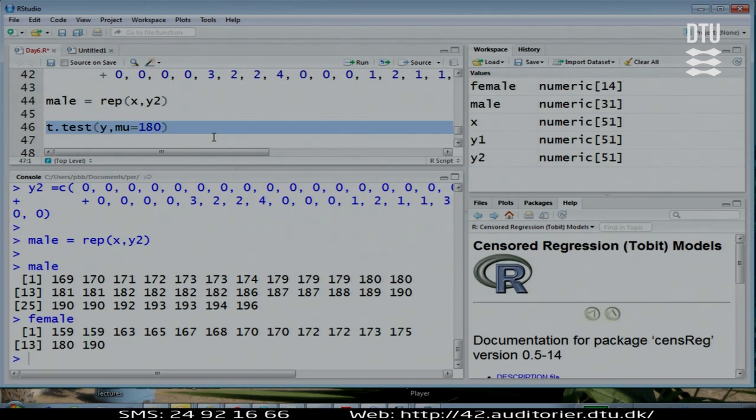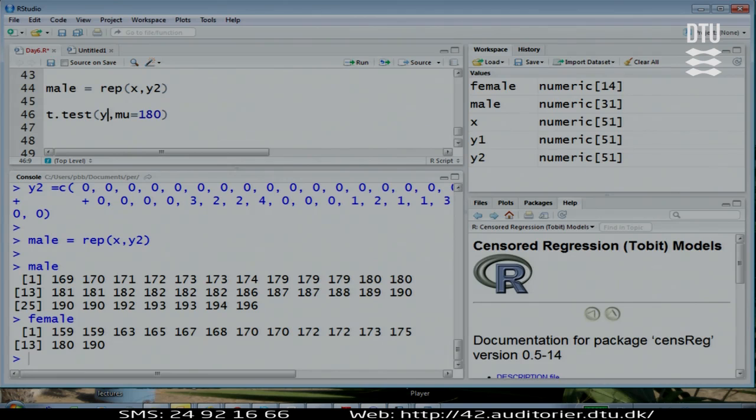I usually claim that the male height is 180 centimeters. The average male height in Denmark is 180. Let's see if we can accept this claim, given the sample of you that I've collected here. I have like 30 males or so participating in the study.